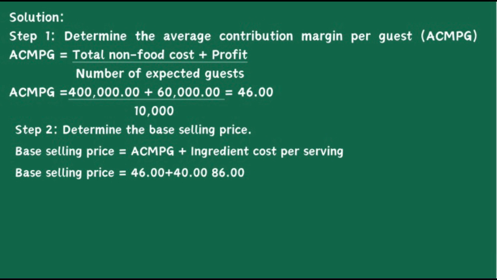Average contribution margin per guest equals total non-food cost plus profit over number of expected guests, which is 460,000 divided by 10,000 expected guests, equals 46 pesos. Step 2, determine the base selling price. Base selling price equals average contribution margin per guest plus ingredient cost per serving. Base selling price equals 46 pesos plus 40 pesos equals 86 pesos.